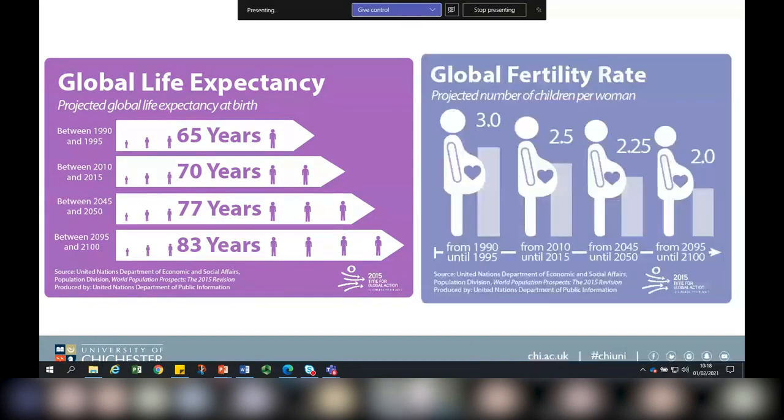You see lots of sci-fi movies about people in their hundreds, but actually Japan has the highest concentration of people over 100 across the world, and we're starting to see an increase in that in the UK as well. As you can see, in 1990 the average woman had 3 children, but now that's gone down to probably about 2.3. I know you can't really have 2.3 children.